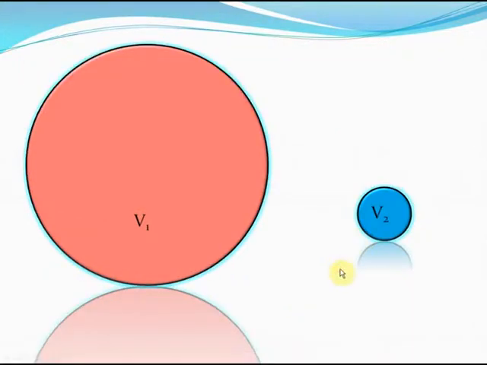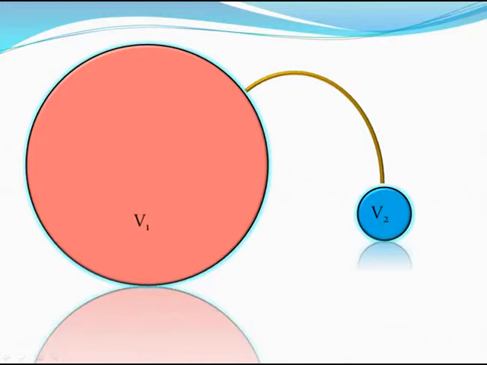Now a strange thing happens when we have a very large body and a very small body, and this large body and this small body are connected with a conducting wire. What happens in this case is they both still come to a common potential V, but in this case the common potential of both the bodies is approximately equal to the potential of the larger body.